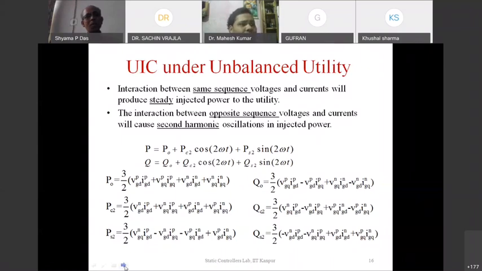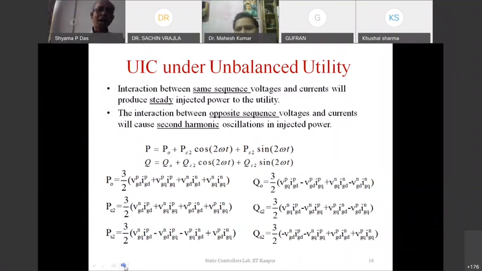So this will be reflected in the power. The power will have a steady component P naught, and will also have an oscillatory component. The oscillatory component will have a cos component and also a sine component. And these PC2 and PS2 are because of the interaction of positive sequence voltage with negative sequence current, or negative sequence voltage with positive sequence current.